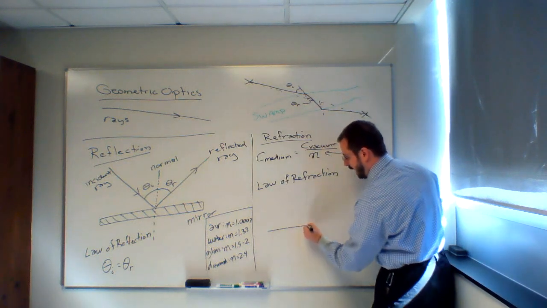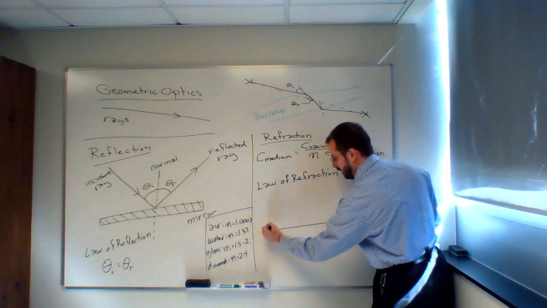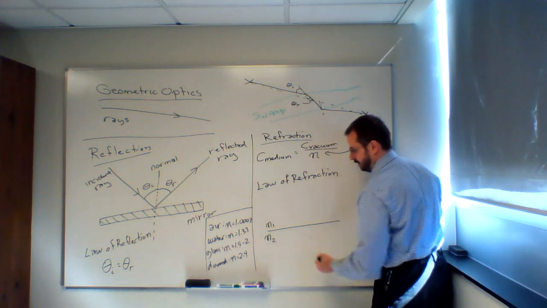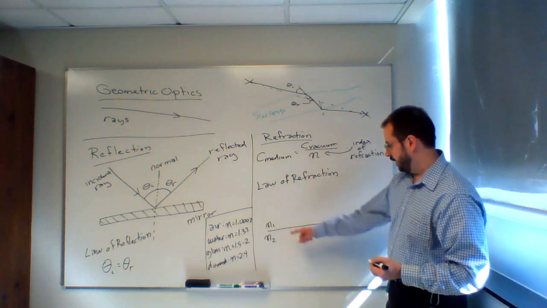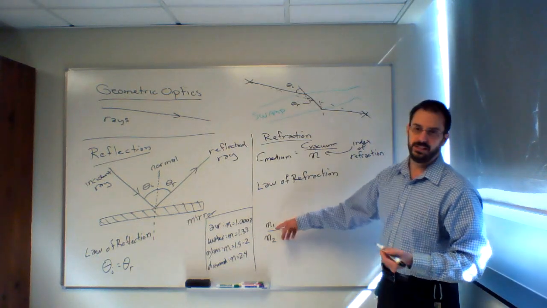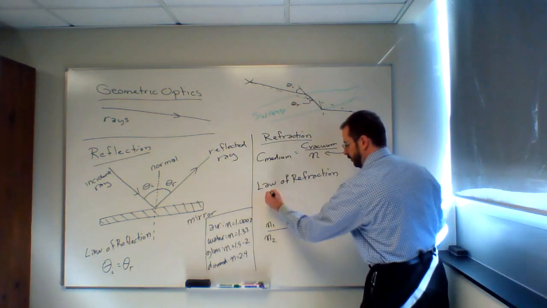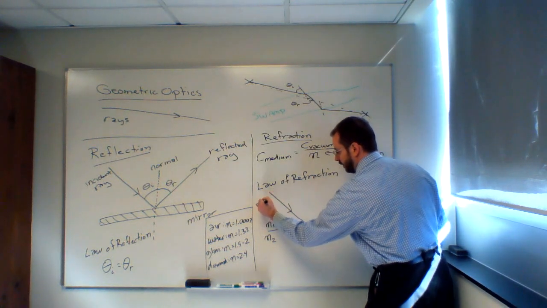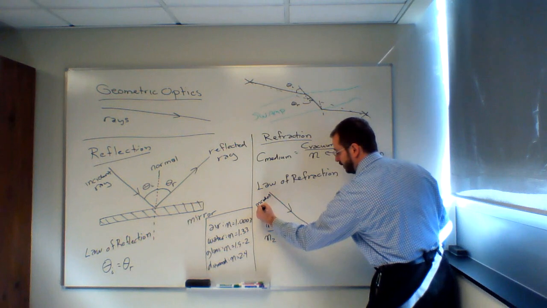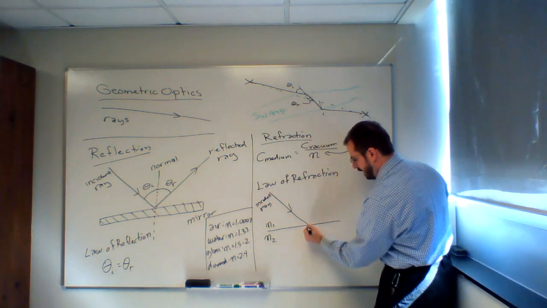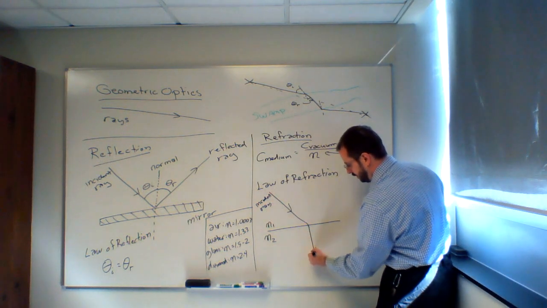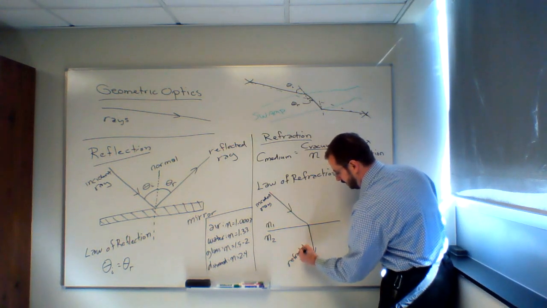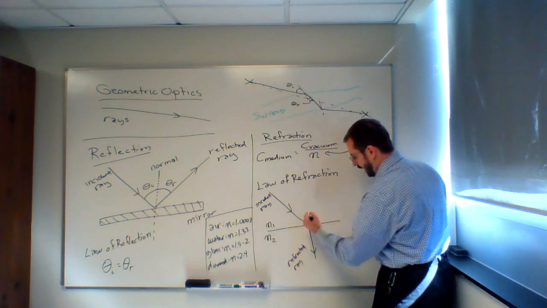So here, if I have some refracting interface, this has an index of n1, this has an index of n2. If one of these was air or vacuum, the index would simply be 1. So here comes my incident beam. Here's my incident ray, and here is my refracted ray.